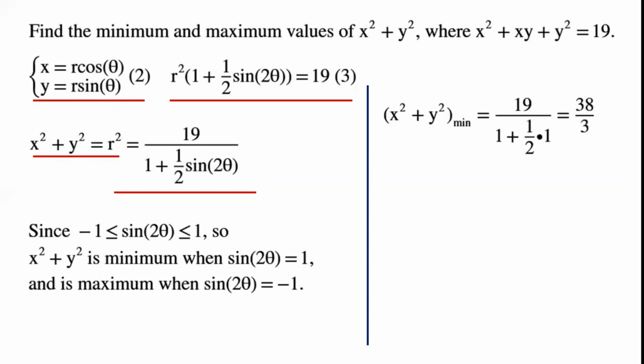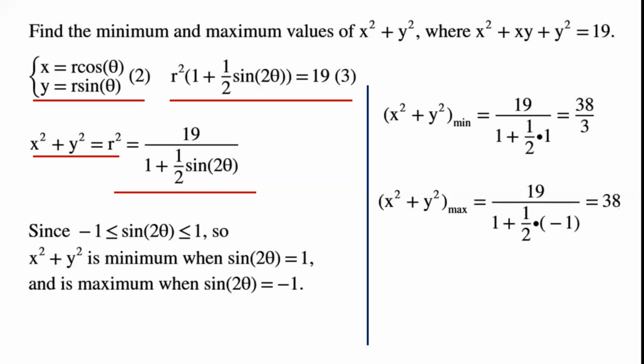So the minimum of x squared plus y squared equals 19 over 1 plus a half times 1, which equals 38 over 3.